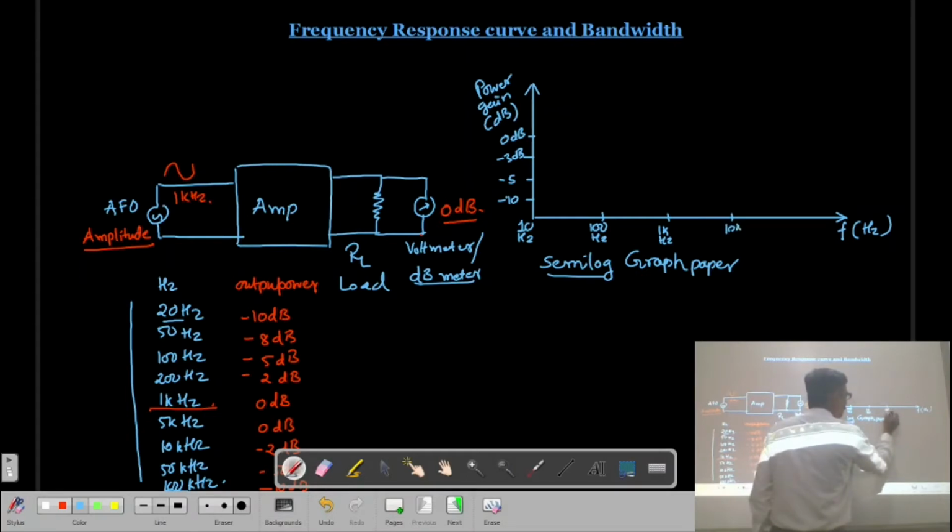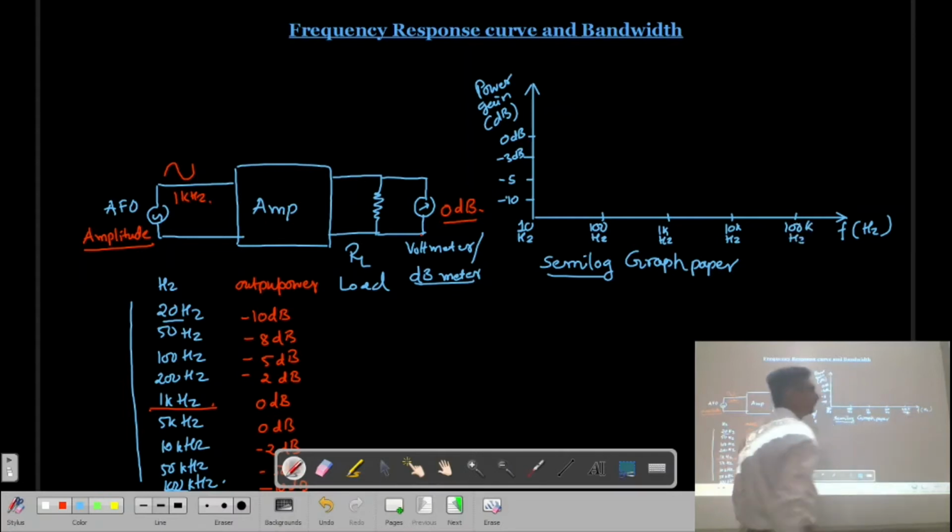Here the 10 kHz will be there, and this will be 100 kHz. So you can see from 10 to 100, 100 to 1K, the frequency is increasing 10 times, and here again the frequency is increasing by 10 times. So in a log scale, whatever the frequency range, you can cover from minimum to maximum.